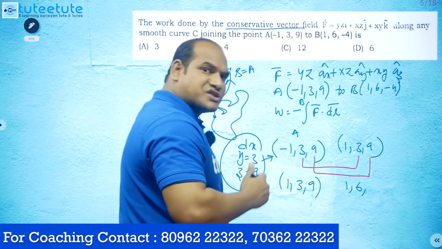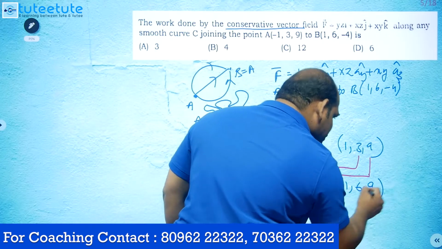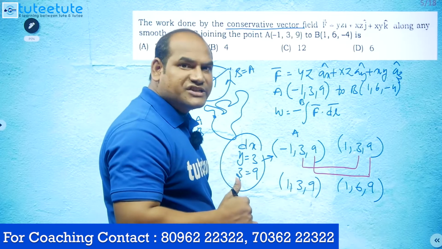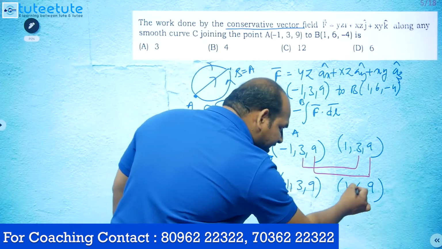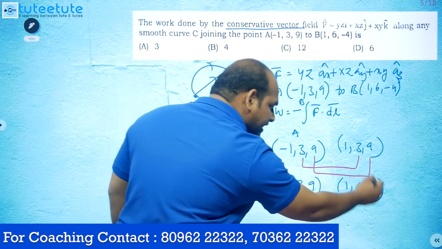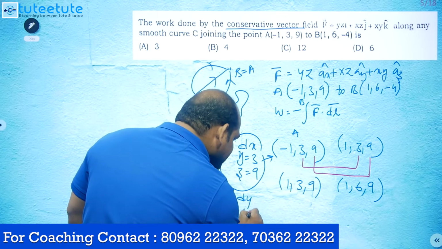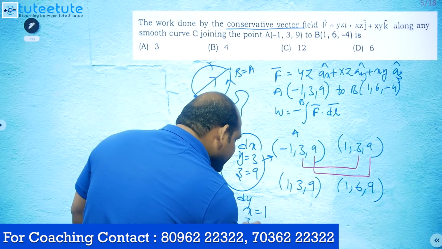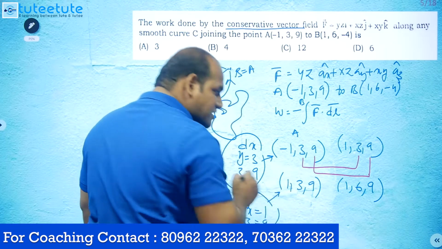So here the y value is changed to 6 and the z value I am maintaining at 9 only. In this particular case, only the y value is changing. X is maintained at 1, z is maintained at 9, but y is changing. That means dy, and x is 1 and z is 9. This is what we have to understand from this.